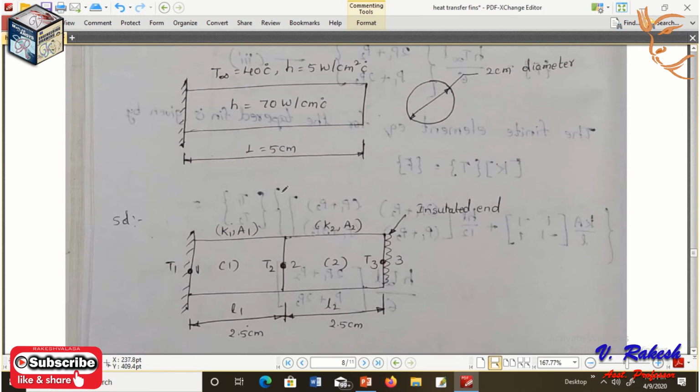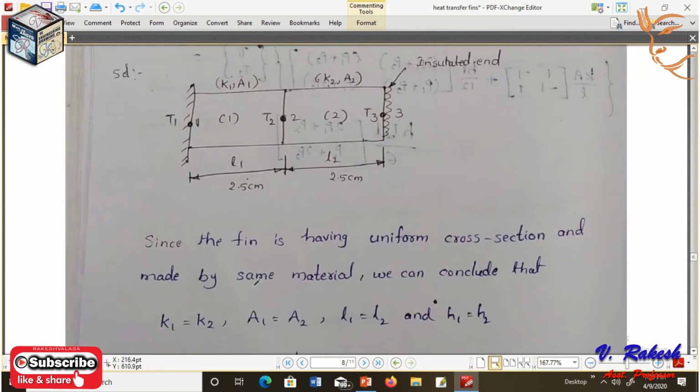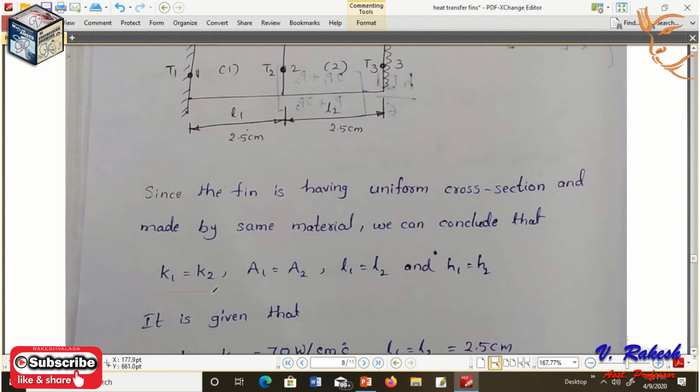L1 equal to L by 2, that means 2.5 centimeters, L2 equal 2.5 centimeters. K1 is thermal conductivity for element 1, K2 is thermal conductivity for element 2. Both are equal, that is K1 equal K2 equal to K, and also A1 equal to A2, L1 equal to L2 and H1 equal to H2.